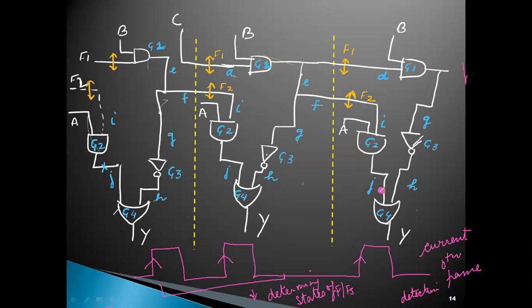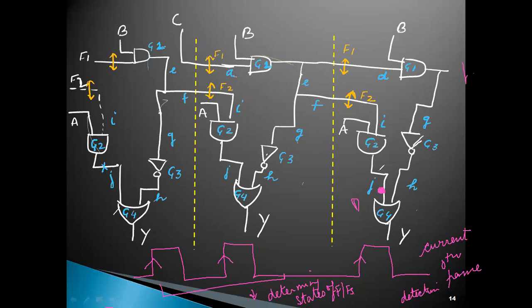So for the stuck-at-0 fault, it should be D. Meaning when there is a fault on it, it is 0, and when there is no fault, it is 1. It is a good line when it is logic level 1. It is a faulty line when the logic level is 0. So it means it is D here.